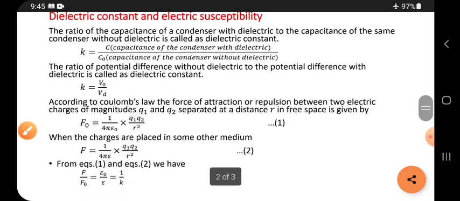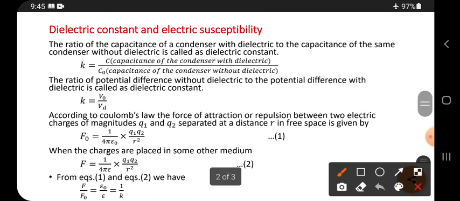Alright. Now see here, dielectric constant. First let me explain the definition. The ratio of capacitance of a condenser with dielectric to the capacitance of the same condenser without dielectric is called the dielectric constant.